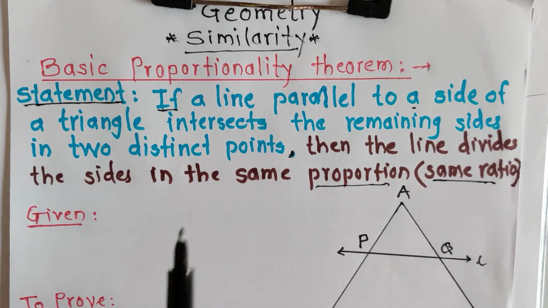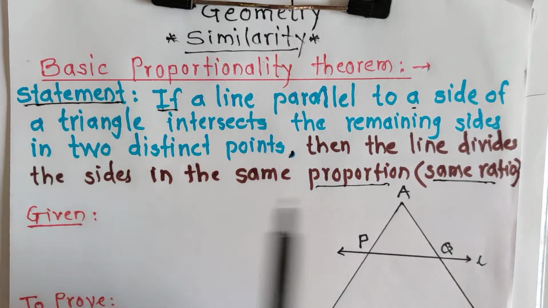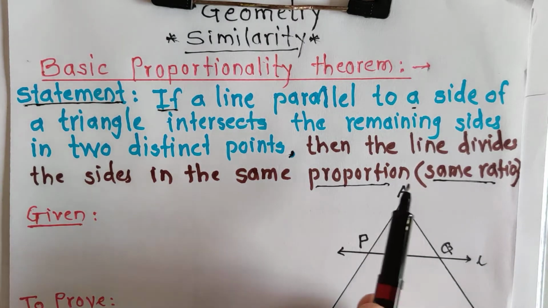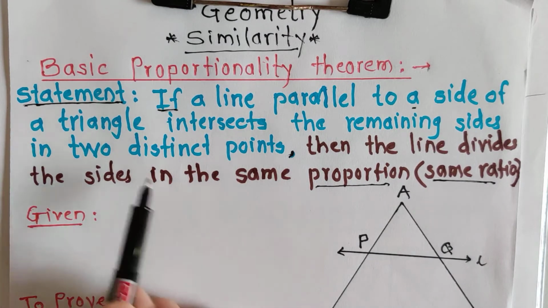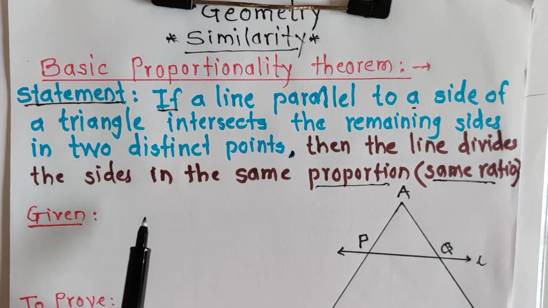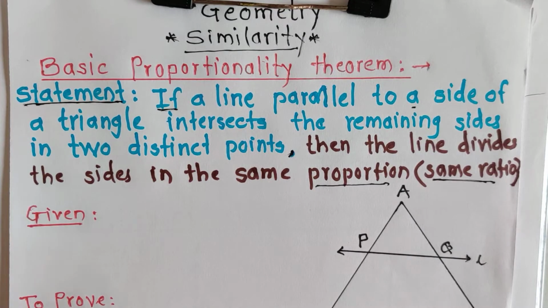Listen again. If a line is parallel to one side of a triangle and intersects the remaining sides in two distinct, different points (distinct means different), then the line divides the sides in the same proportion, that means in the same ratio.